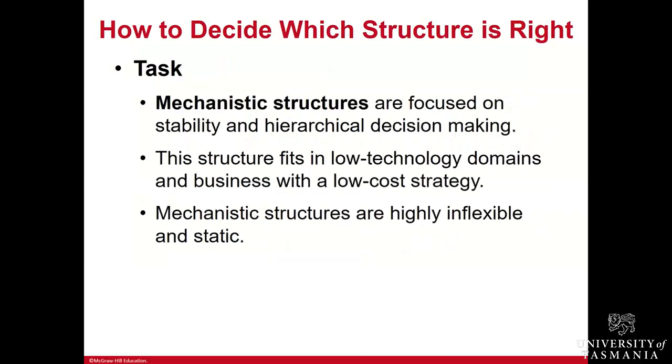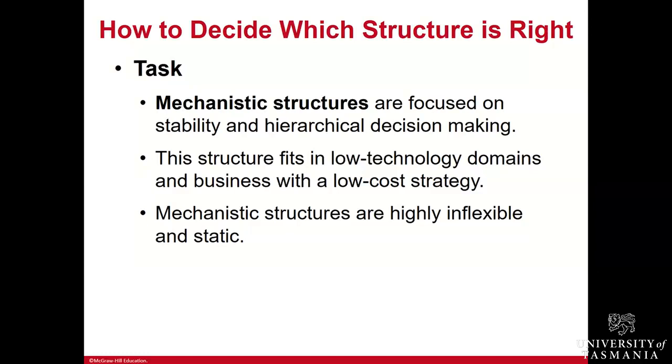And the task. We have a distinction here. We are saying mechanistic structures when we are considering the task. These are focused on stability and hierarchical decision making. This structure fits in low technology domains and business with a low-cost strategy. This is important. I'm saying low-cost strategy.